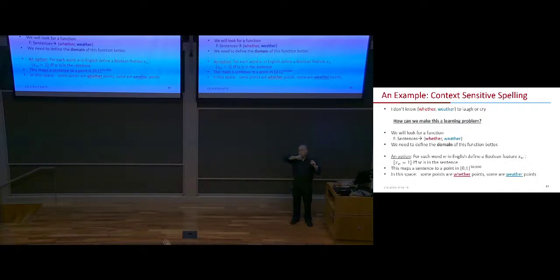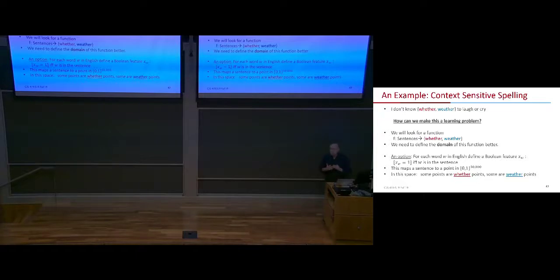What did I lose? The order. I didn't represent the order, right? It's basically a bag of words, what we call. I lost even what's before and what's after my target word, whether. I just know what's in the sentence. Okay? So maybe it's not the best representation, but it is a representation.